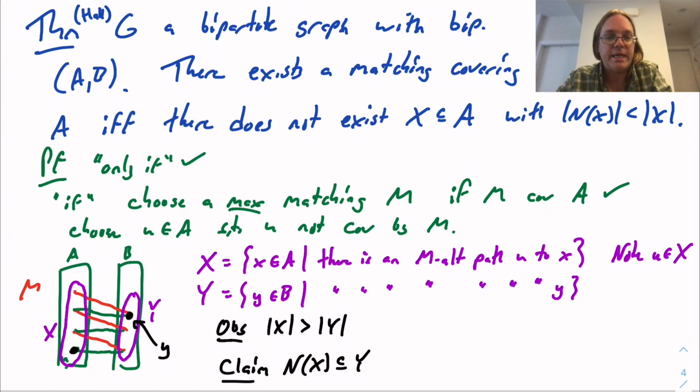So we can easily see that all of the neighbors of the vertex U are going to be in this set Y. Why is that true for a generic point X? Well, again, I'm just going to draw a picture. So let's think about a generic point X.